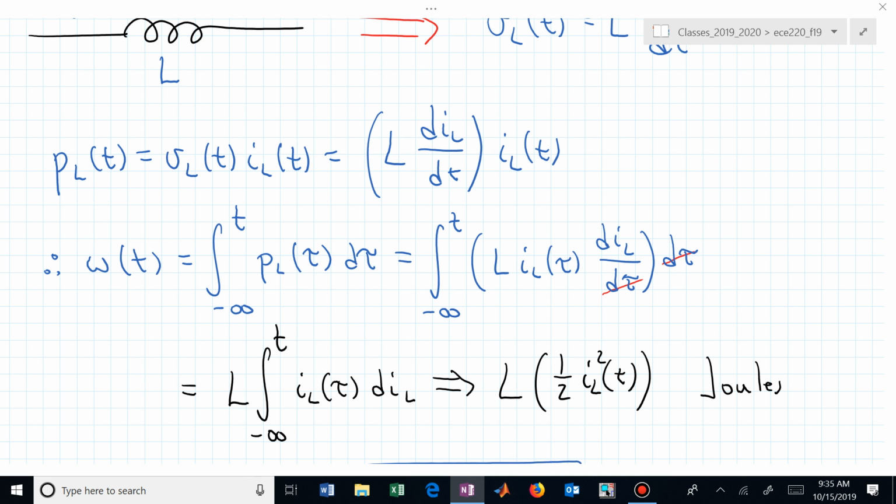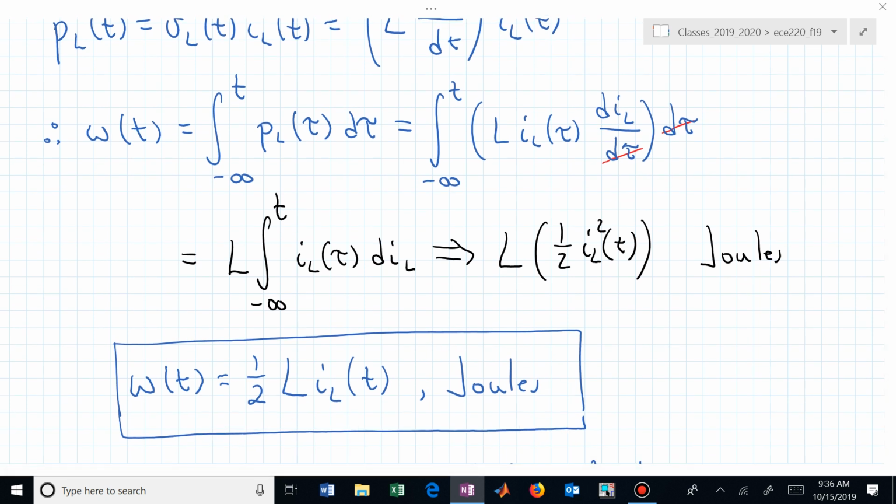That now slides outside the integral. We have L times this integral of i di, or the integral of x dx, and that's 1/2 x squared. Or in this case, it's 1/2 i squared, which now allows us to conclude that the energy in joules at a given time t in an inductor, the energy stored, where's that stored energy?